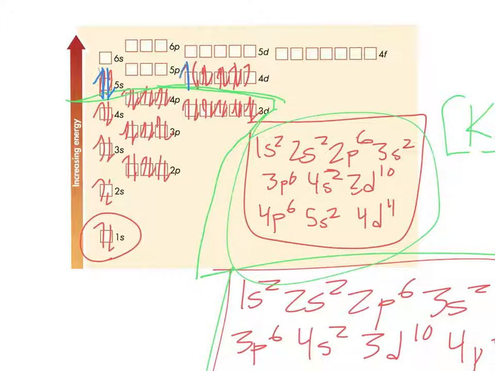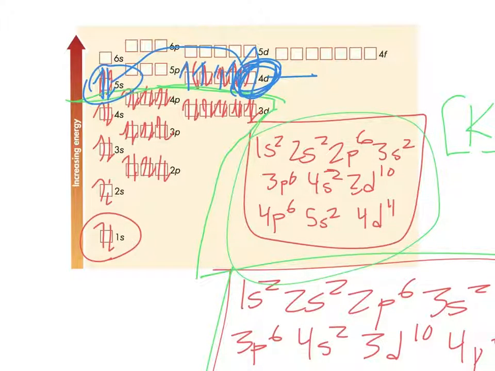And this one right here only had 4. 1, 2, 3, 4. So since this is missing one, to make it more stable, this donates one to this one so that they're both half full, and that'll make it more stable than if this one box was empty and this had 2.